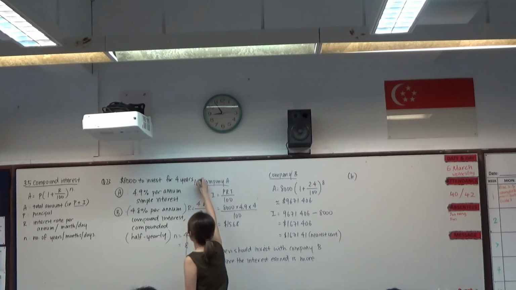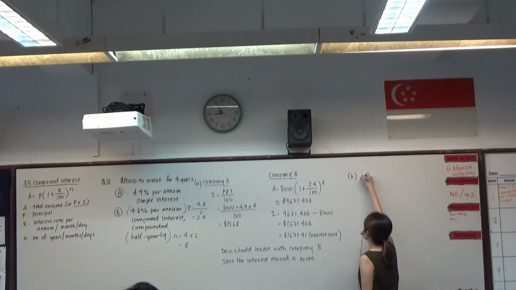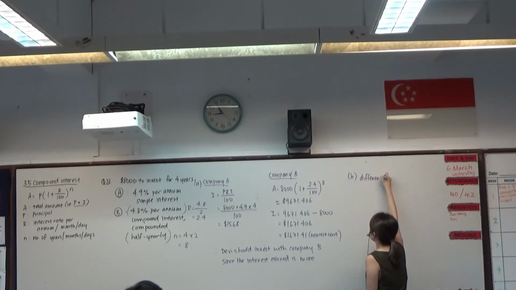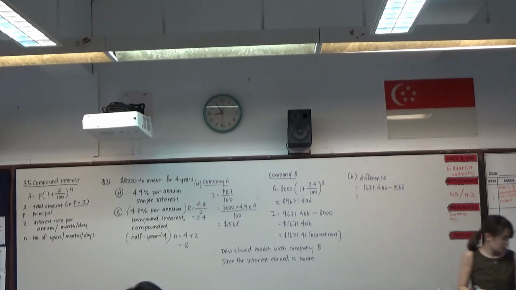This will be part A. Part B is just finding out the difference, so that's just taking the difference in the two values. We get about 103.106.